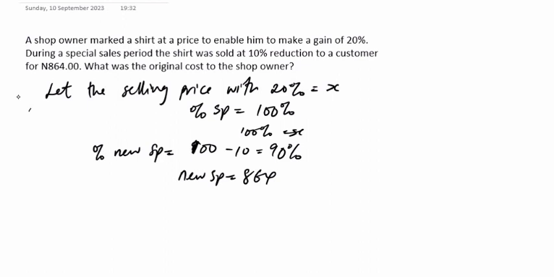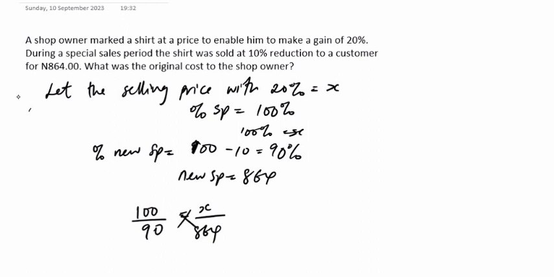In order to find that, we can use the cross multiplication method. Let 100 over 90 be equal to x over 864, because the price of this one is x since we did not know, and the price of this one is 864.